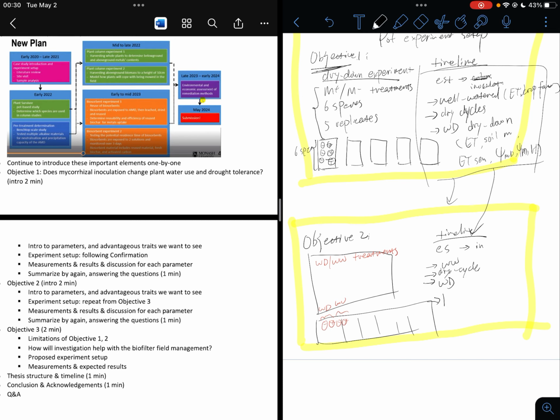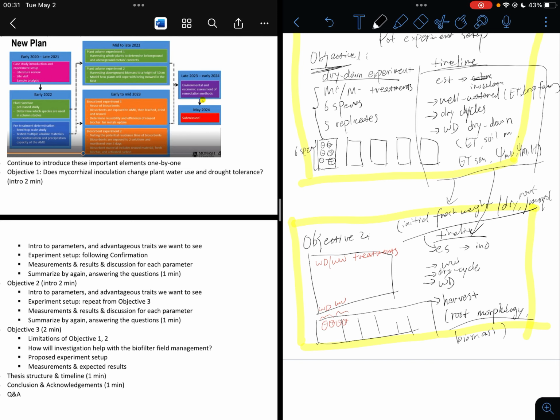And then I think we need to take a harvest, and in that sense we should also add, in the establishment, the initial fresh weights and dry weights and everything, right? So in the harvest we could say we have the root morphology, and also here root morphology as well, and we have the biomass.